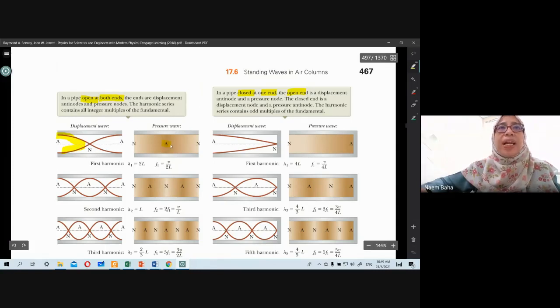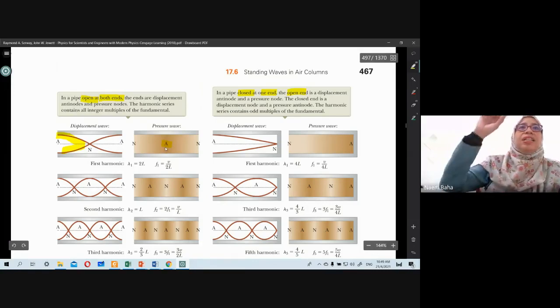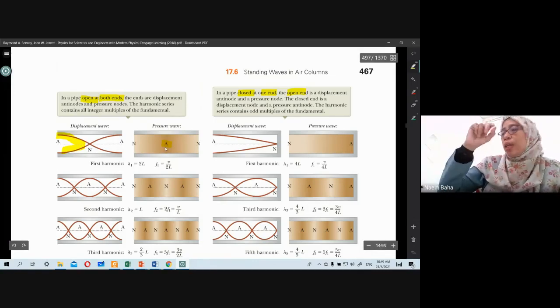We find that pressure at the nodes is at the antinodes. It means that the pressure is maximum at that location.